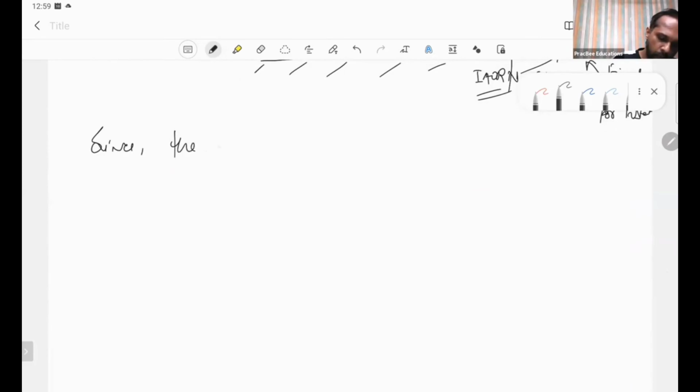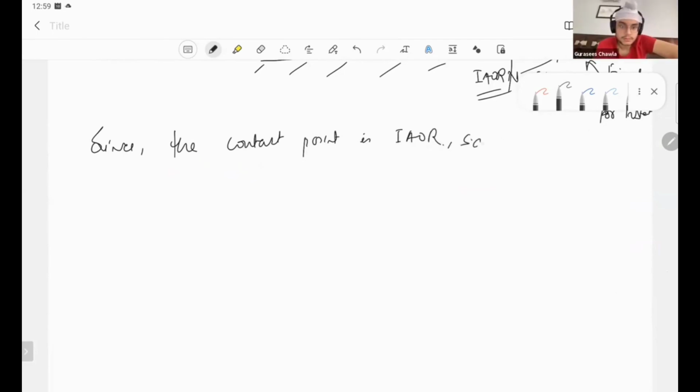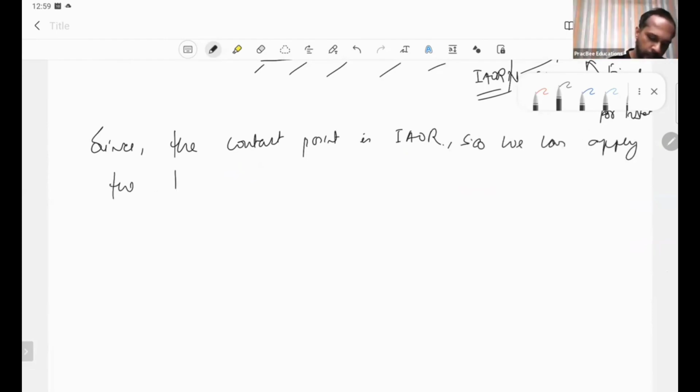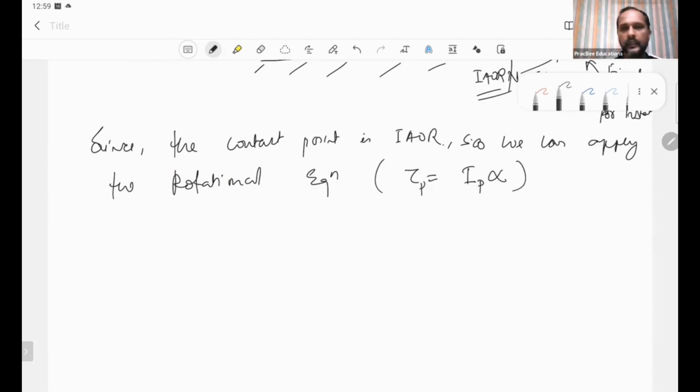Since the contact point is the instantaneous axis of rotation, meaning the whole body is rotating about this point, we can apply the rotational equation, that is torque is equal to moment of inertia about the contact point into alpha: torque about point P equals I_P alpha, about the instantaneous axis of rotation.